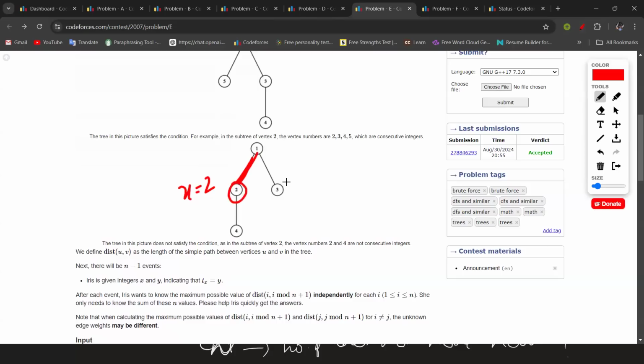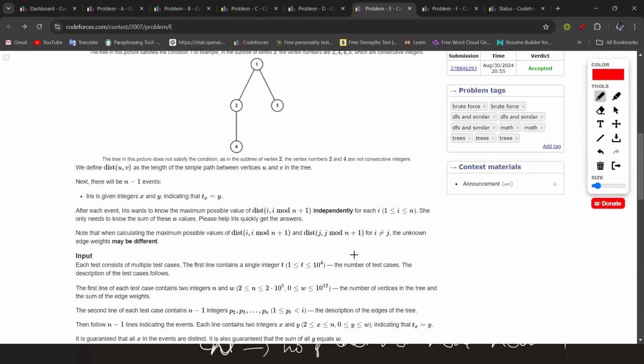For every node, there would be only one parent, so the edge connecting I with the parent of I is represented by this I. So if X is 2, it represents this edge, and Y means the weight of the edge is Y. This is how you are given the information.